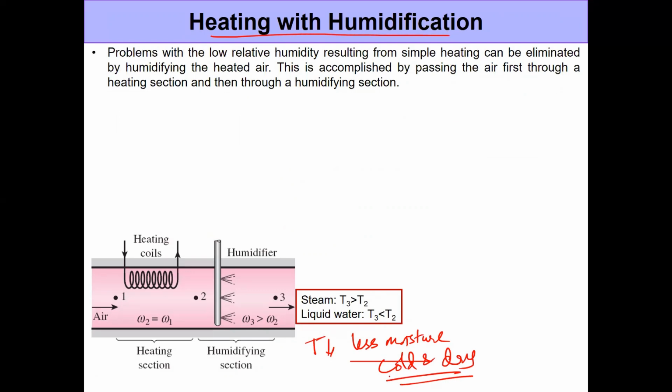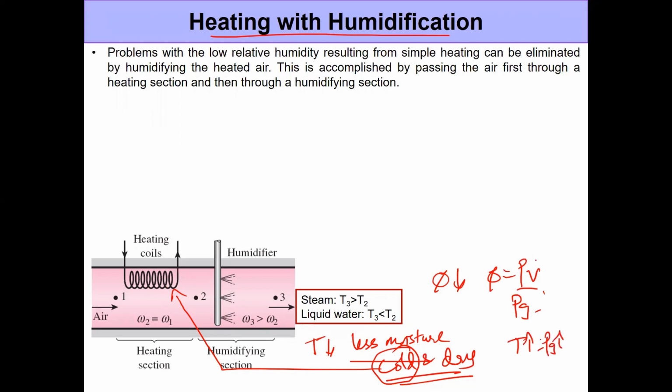For the cold part, you can take care of it by doing the simple heating process, right? Make it pass through heating coils. That does the job. But once you heat it up, the problem is that the relative humidity reduces further. Why is it reducing? Well, relative humidity can be written as P_v by P_g. When you increase the temperature, P_g is increasing while the numerator remains constant. So that means phi reduces, and this is something that's already low to start off with.